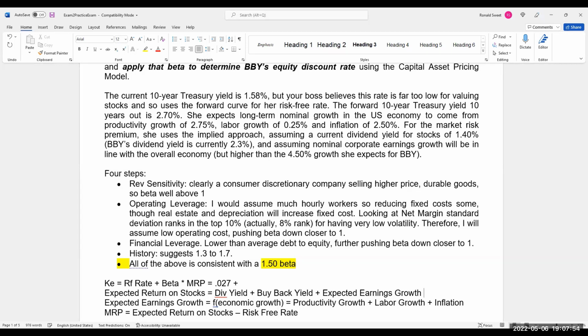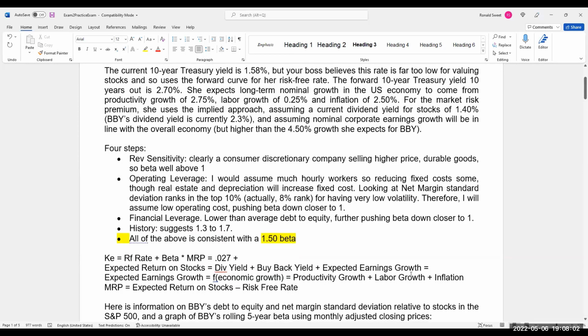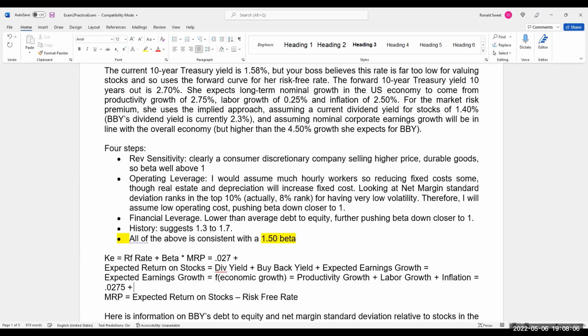So here, let's see what she gives us. She expects long-term nominal growth to come from 0.0275 productivity, 0.0025 of labor growth, and 0.025 of inflation. And that equals 0.055.